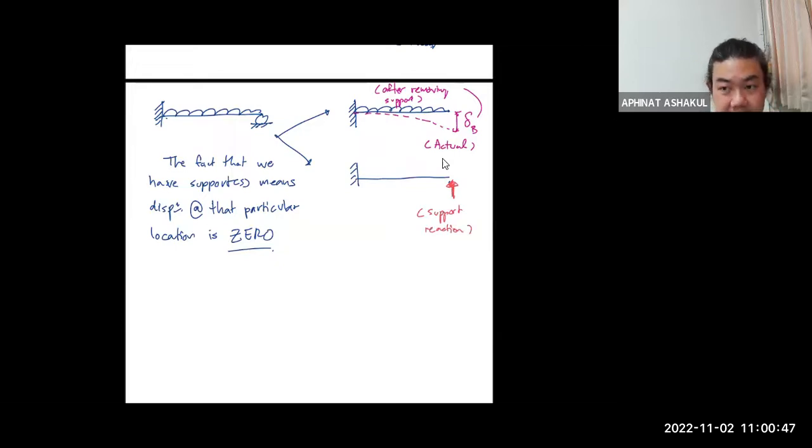The displacement by the force from the support alone should be equal and opposite to, let's call it, delta VB. I will explain later why we need that.